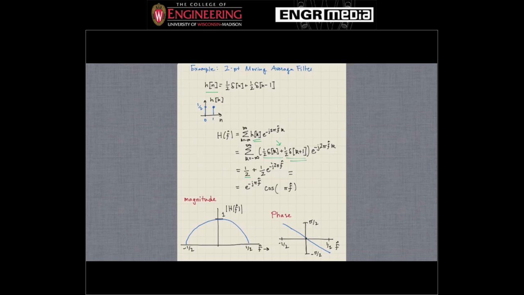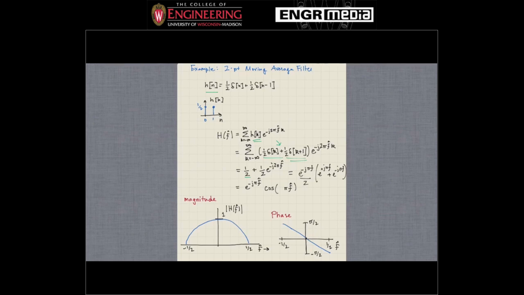I could factor out e to the minus j pi f, and then multiply that by the quantity e to the plus j pi f, plus e to the minus j pi f. And I'm missing a constant of 1/2, so I'll write that here, divided by 2.